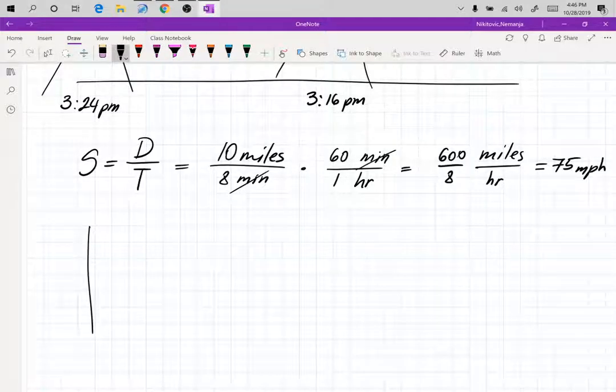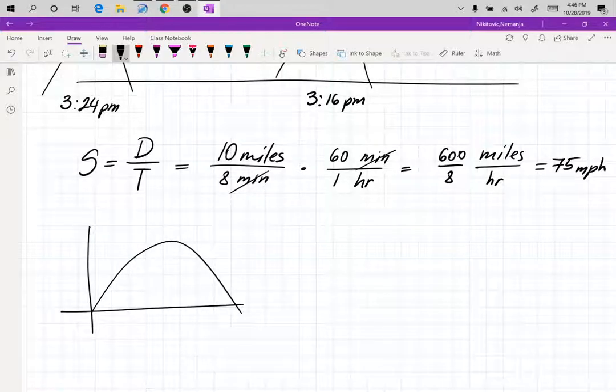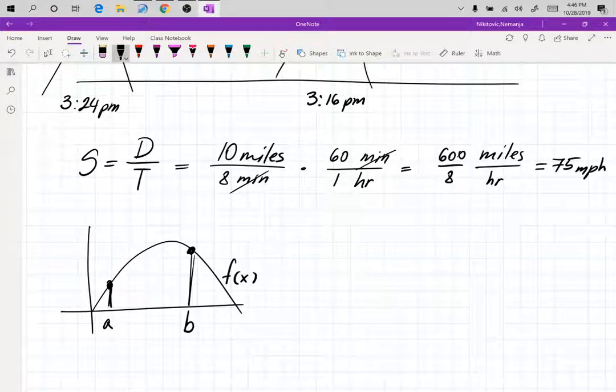So technically, if you have any kind of a function and you pick two values as a and b on your f of x function, you know that the line that connects those is m secant, which is your secant line.